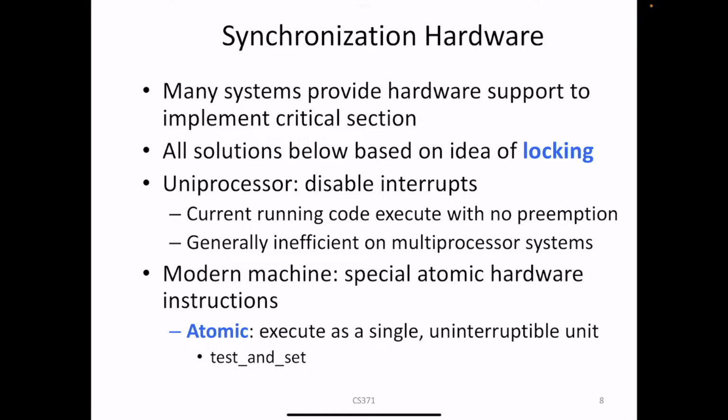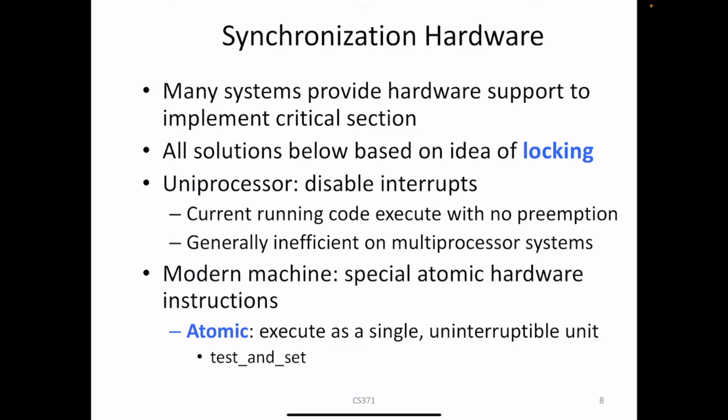We also need to consider performance and efficiency. So in order to address the critical section problem more efficiently on multiple core systems, we need to figure out other ways. In modern machines, we usually define special atomic hardware instructions. Atomic hardware instructions means that we want to execute an instruction as a single uninterruptible unit.